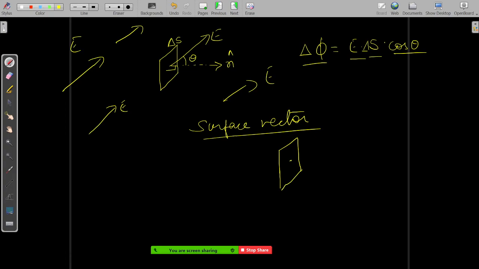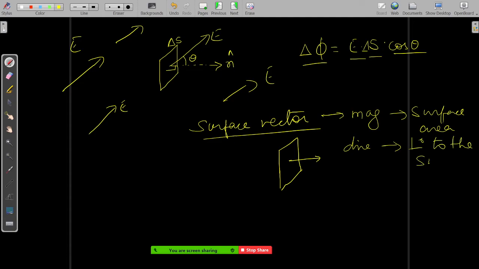The surface vector is a vector quantity whose magnitude is equal to the surface area, and its direction is perpendicular to the surface.